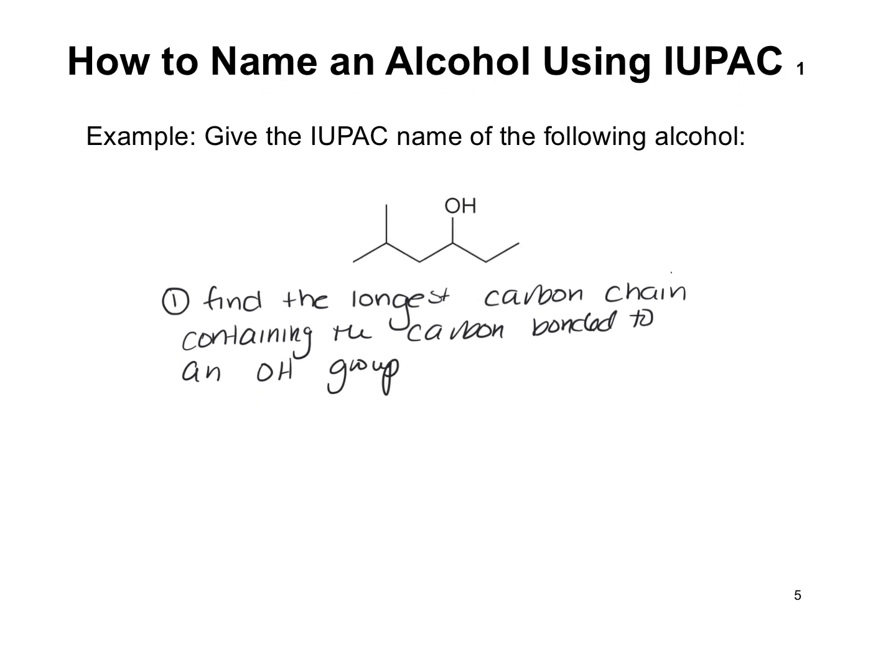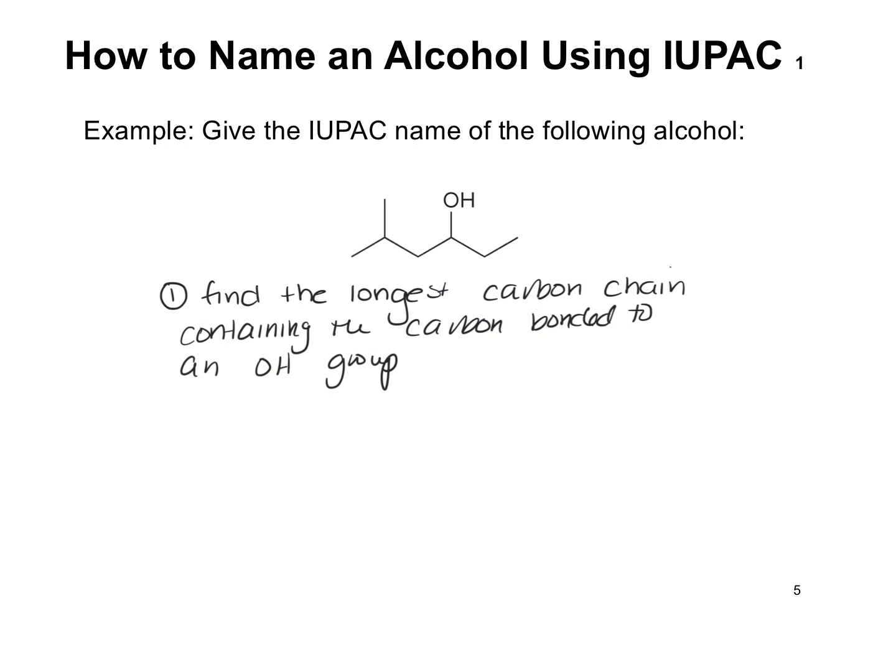right? So when we look at this particular molecule, that's the longest carbon chain, and we count 1, 2, 3, 4, 5, 6. So there are 6 carbons there. With 6 carbons, if that was an alkane, it would be called hexane.